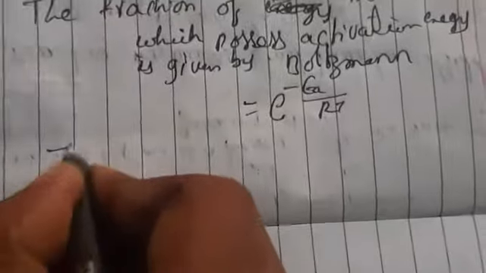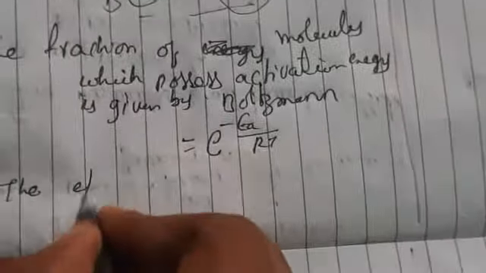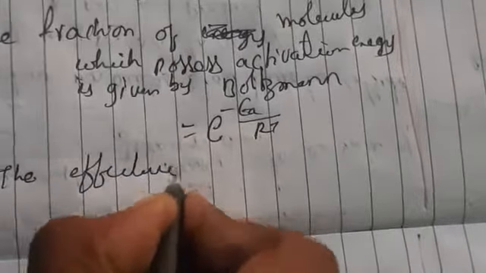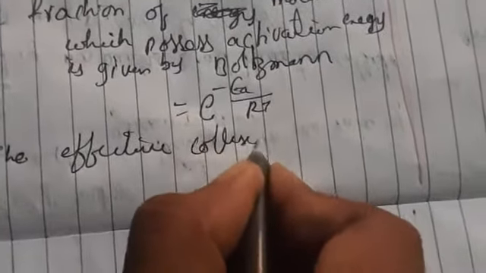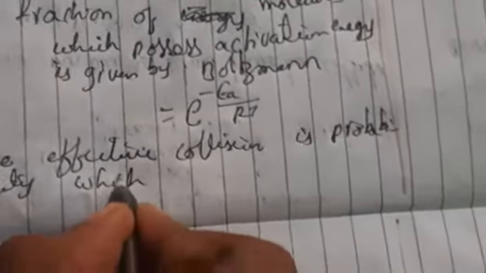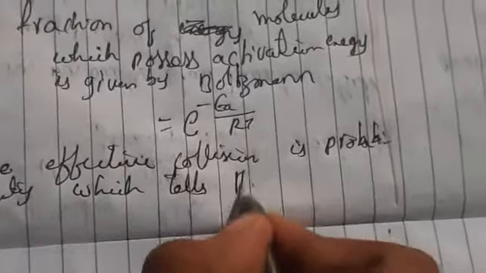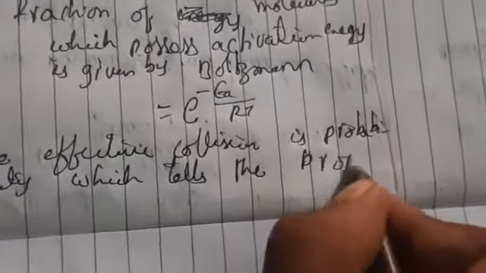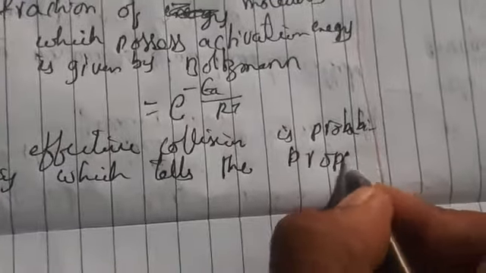Means the effective collision probability, or we can say the steric factor, tells the proper orientation of the molecule.